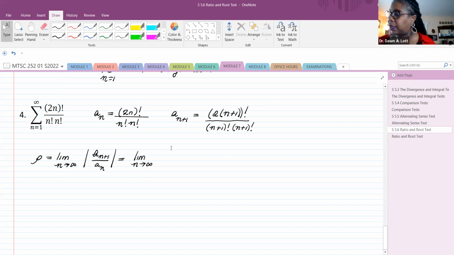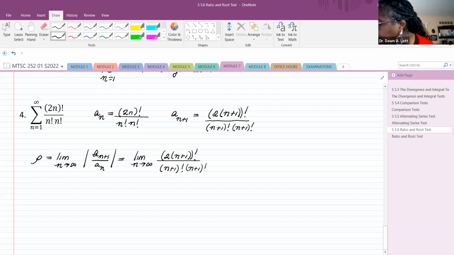I don't need the absolute values, but I do know that it's a_n plus 1 over a_n. So a_n plus 1 is going to be 2 times n plus 1, that whole thing factorial, divided by n plus 1 factorial times n plus 1 factorial.